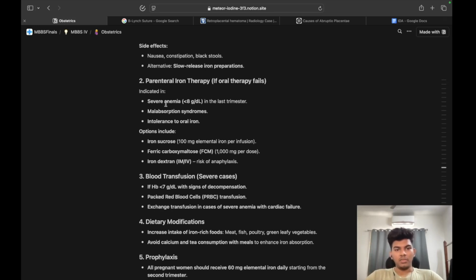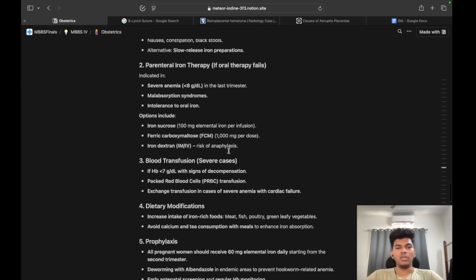And in intolerance, the patient can't tolerate oral iron, for example because of the taste. So in those cases we go towards parenteral iron therapy. Options include iron sucrose, ferric carboxymaltose, and iron dextran.